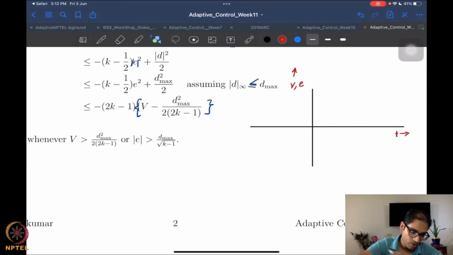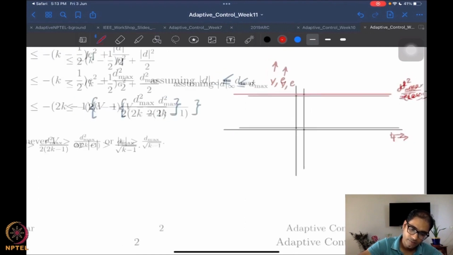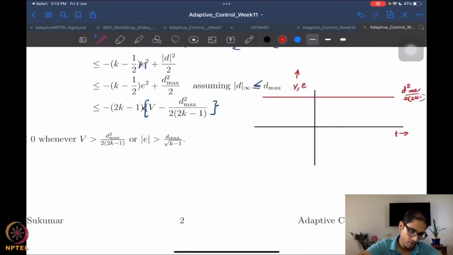Suppose I make my straight line corresponding to d squared max divided by twice 2k minus 1. So this is it.